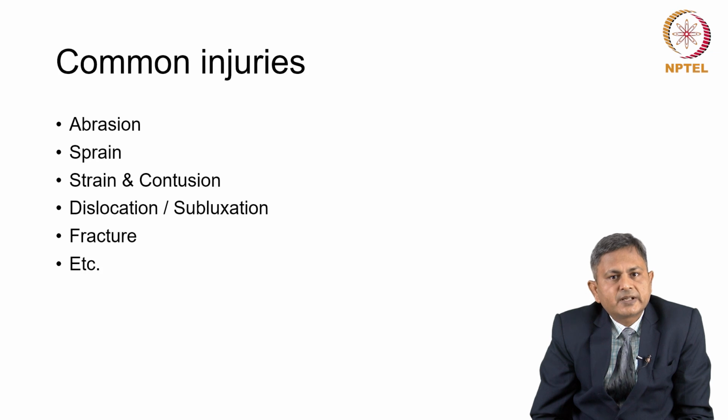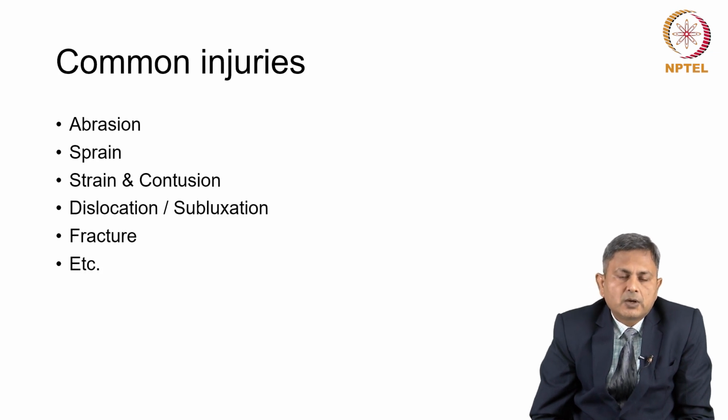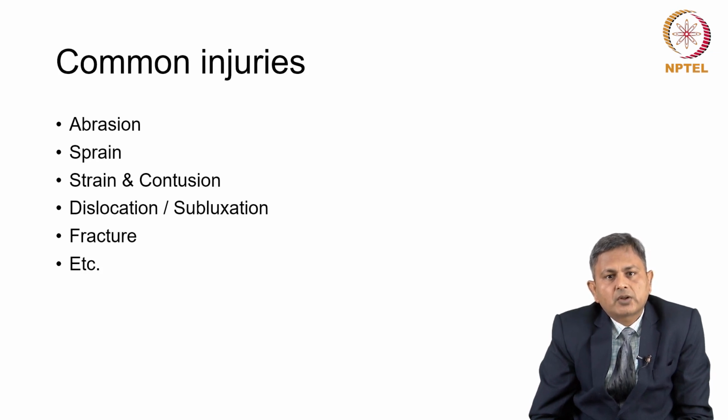If there is a partial tear, initially pain is there, but it subsides very soon and later reappears. In a partial or grade 2 tear, all symptoms like pain, swelling, difficulty in movement, or reduced strength of that particular muscle or joint appear. We will discuss the treatment of sprain, strain, and common injuries in detail in our next lecture.